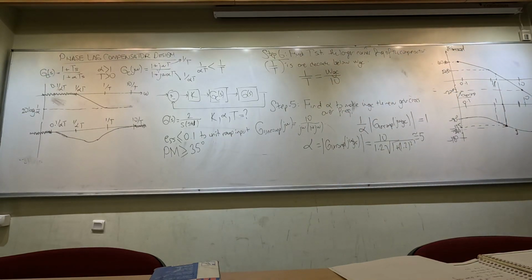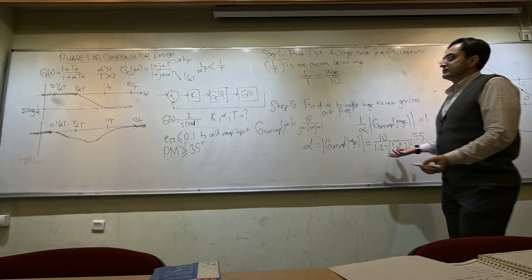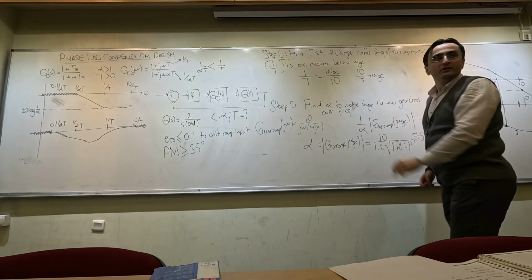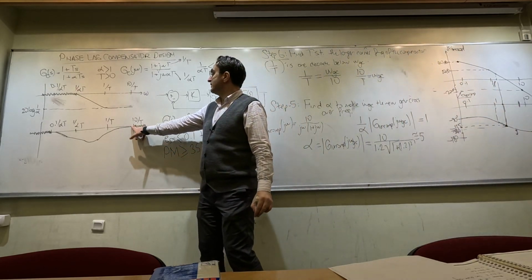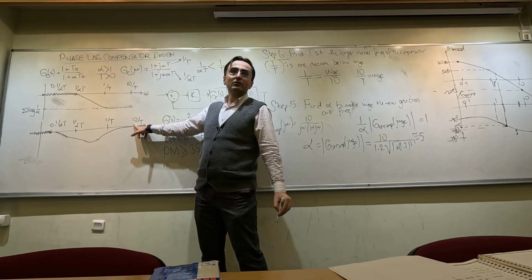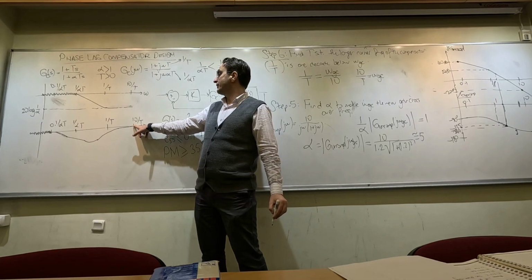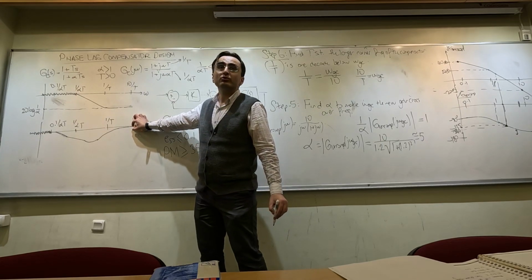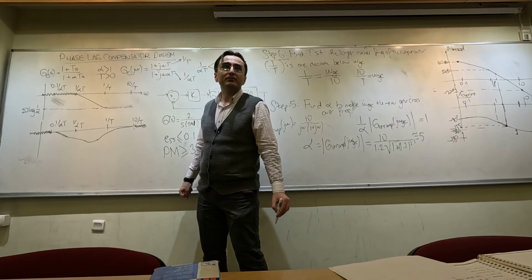So what does this mean? This means that 10 over T is omega GC. That means that I put my new gain crossover frequency exactly to this value, where I am going to be sure that the phase reduction here is smaller than 5 degrees.